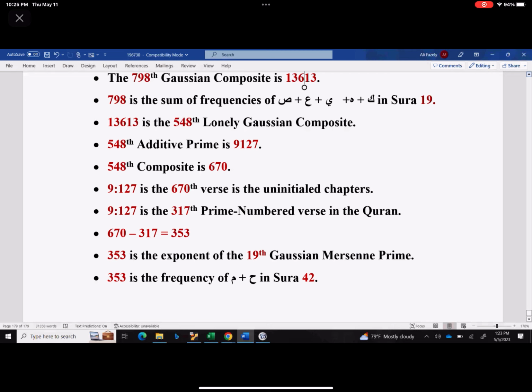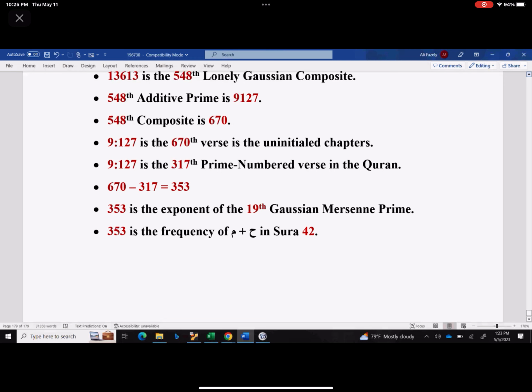Look at these two numbers. 670 minus 317 is 353, just a simple subtraction. But 353 happens to be the exponent of the 19th Gaussian Mersenne Prime, and 353 is also the frequency of Ha-Mim in Surah 42.